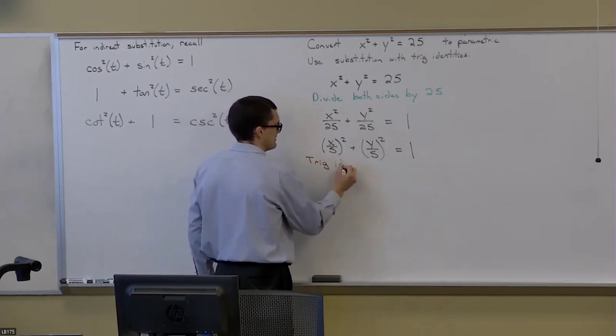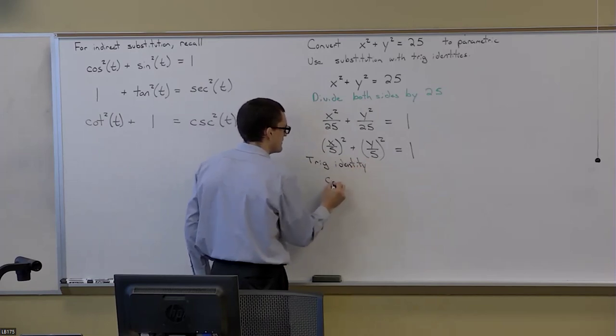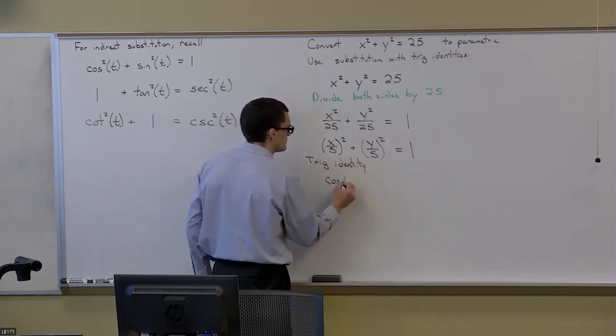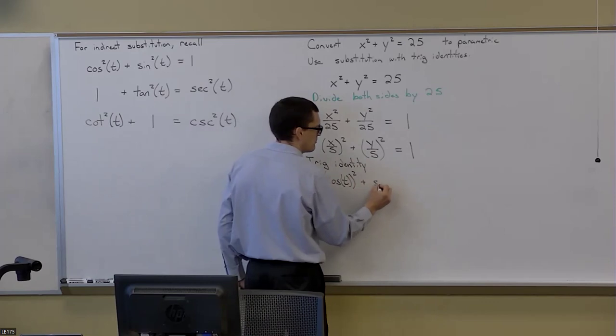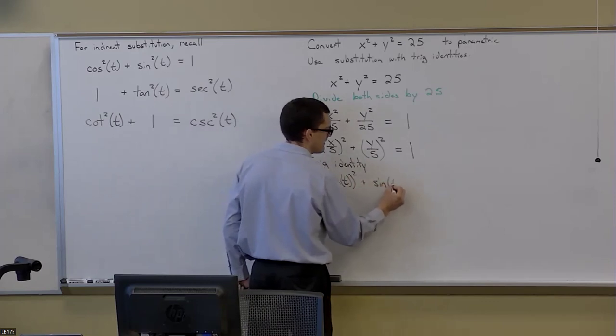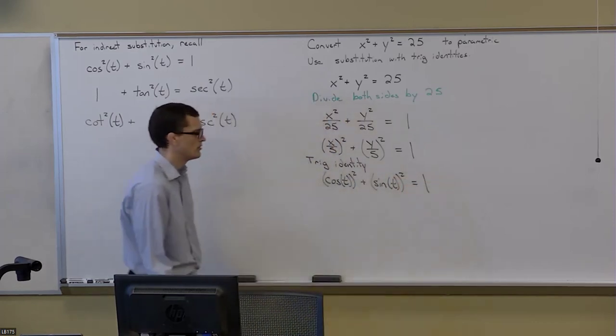My trig identity says that if I take cosine squared plus sine squared, it also has to equal 1.